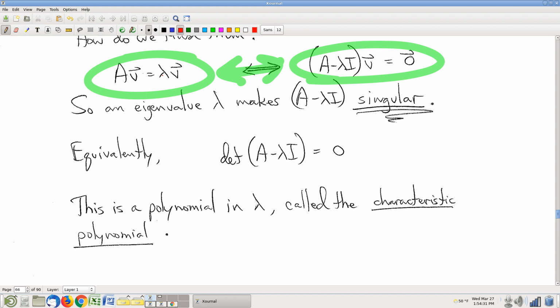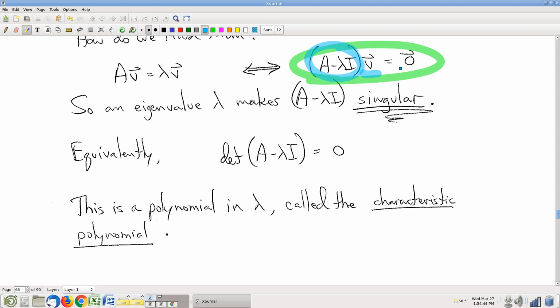Why do we make this switch? How is this a win? Well, the second equation has a nice feature, and that is, notice we are looking for vectors that when you multiply by a matrix give you 0. Let me say that a little bit differently. We're looking for vectors that are in the null space of that matrix. Or said in chapter 1 terms, we're looking for homogeneous solutions, and we know how to do those things.